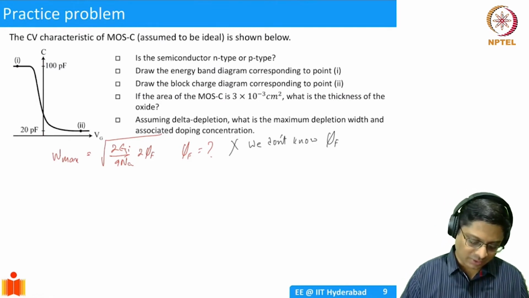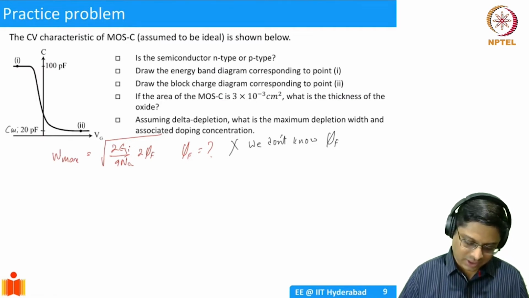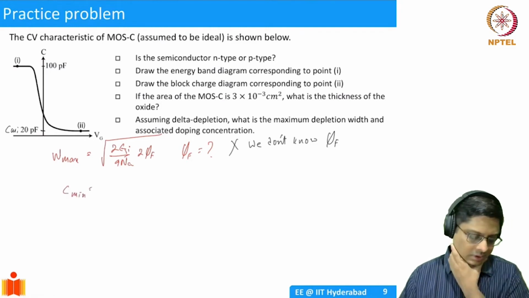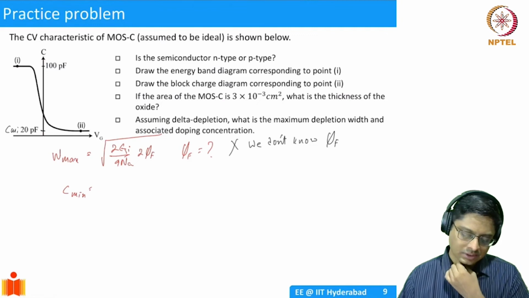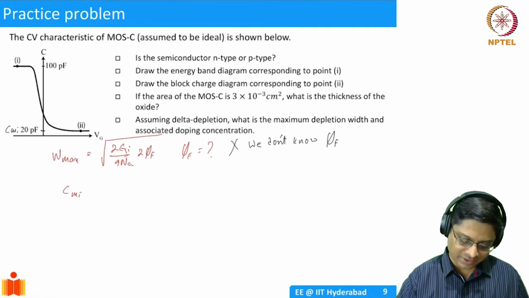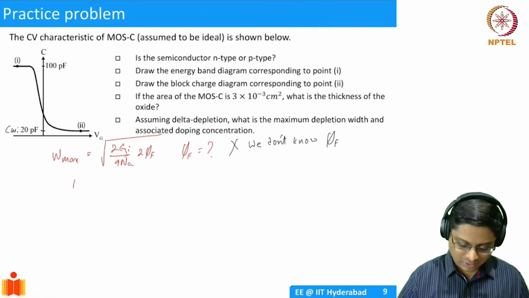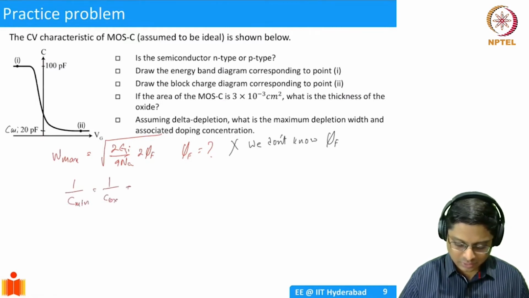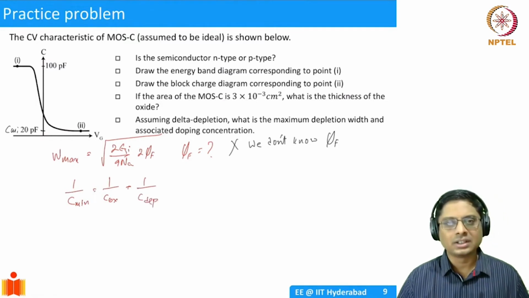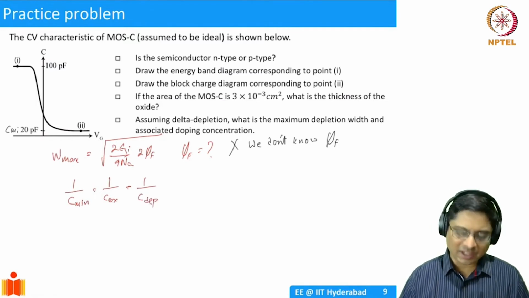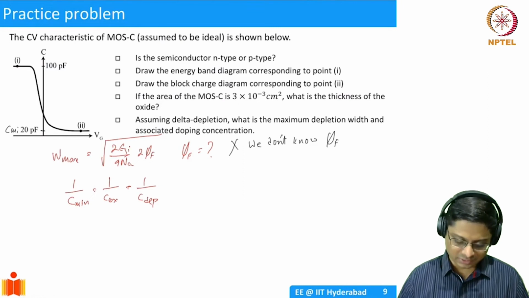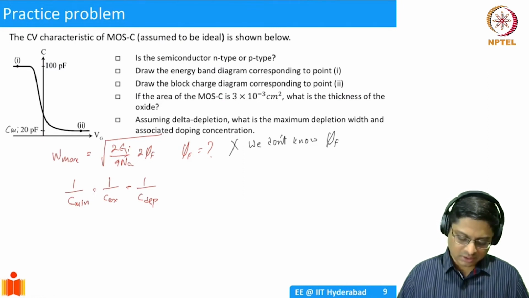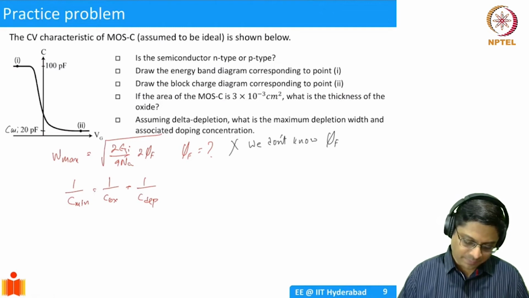Well, remember, this capacitance, whatever we call it, C min. If I call this as C min, let me write it in a different way. Instead of writing C min directly, I write 1 over C min is equal to 1 over C ox plus 1 over C depletion. We know this expression. It's a series capacitor, so we can write it like a parallel sum, right? So we know what is C min.